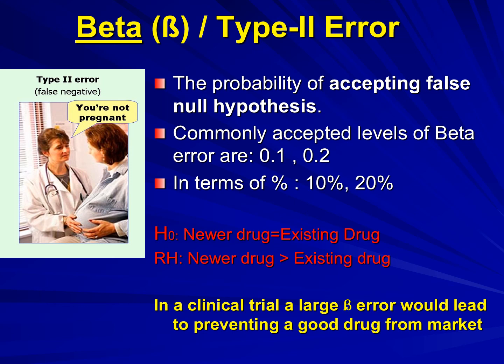If we accept this result in a clinical trial, and a large beta error of more than 20% is there, that would lead to preventing a good drug, a newer drug which is more efficacious as compared to the existing drug, from coming into the market. So this is how the beta error will affect the result of your study.